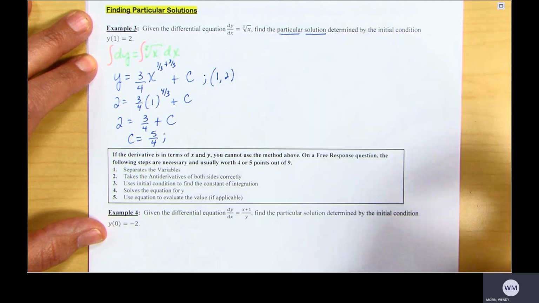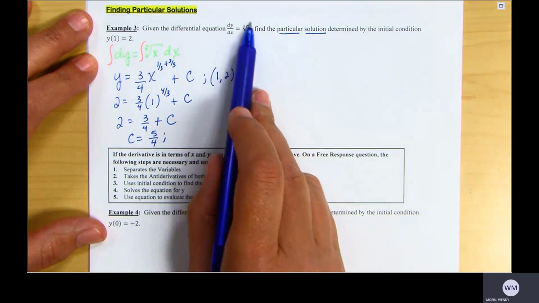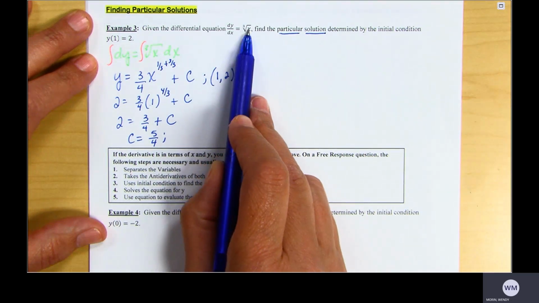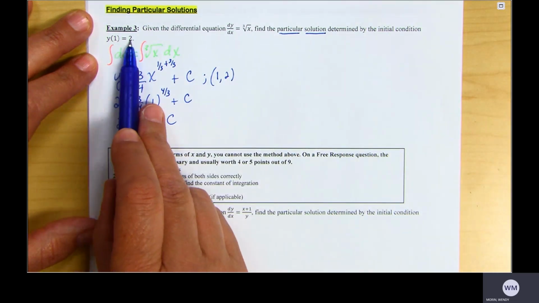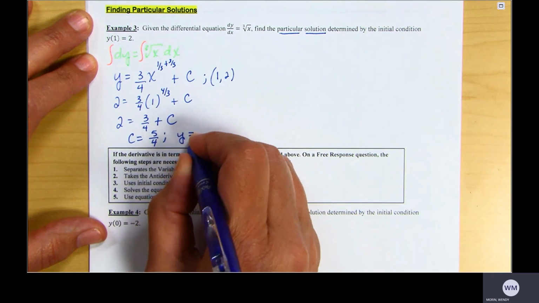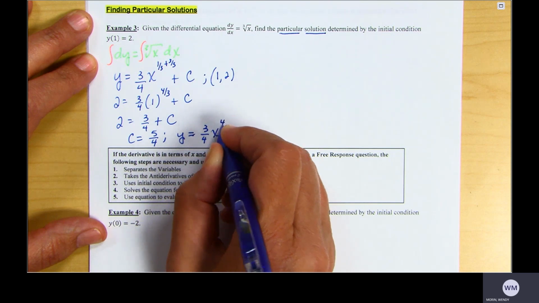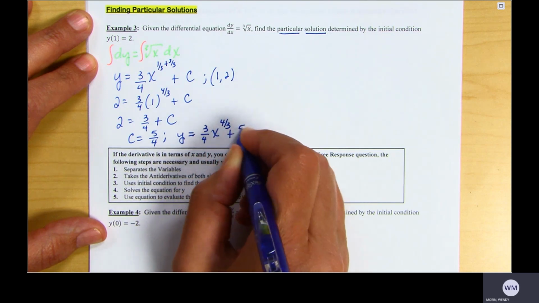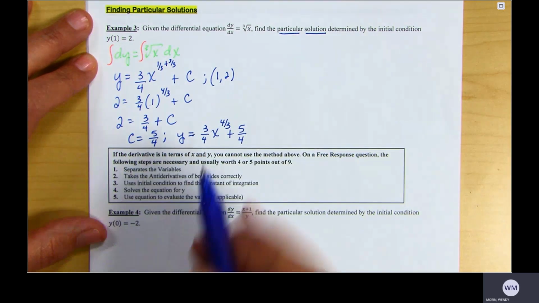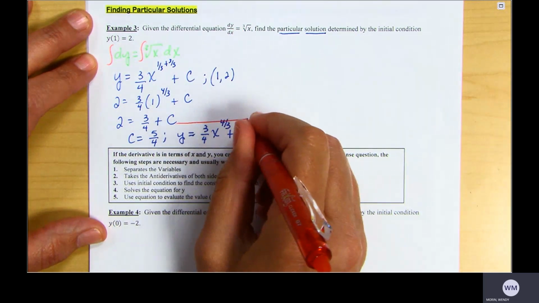Particular solution means whose derivative gives you this, and this point works in that. So that solution is y equals 3/4 x to the 4/3 plus the c value you calculated. This is the particular solution.